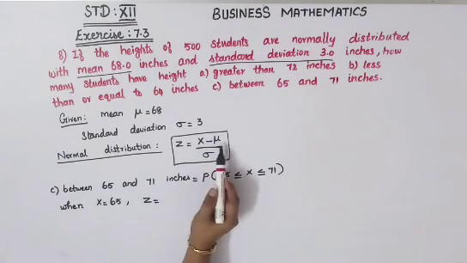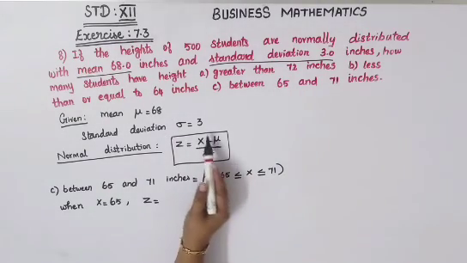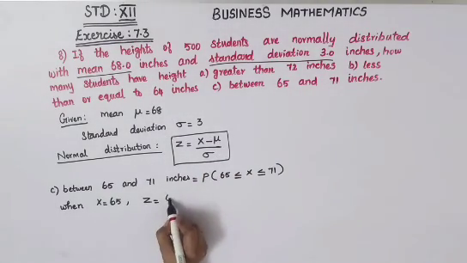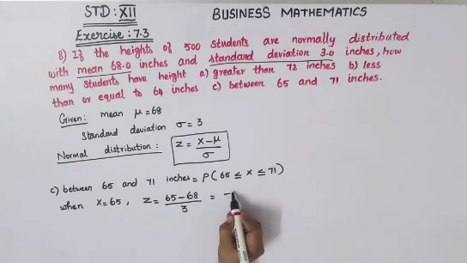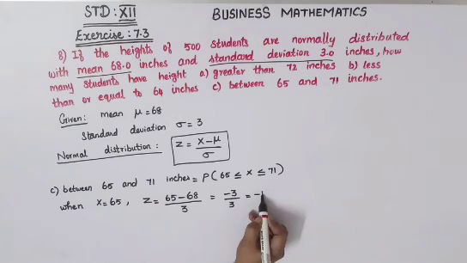So X is 65, mu is 68 and your sigma is 3. So 65 minus 68 divided by sigma is 3. So if you subtract, you will get minus 3 divided by 3, that is equal to minus 1.